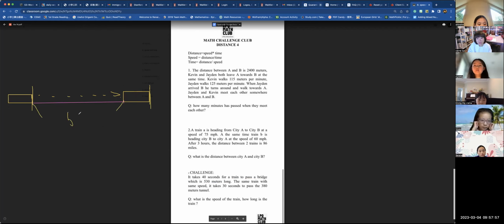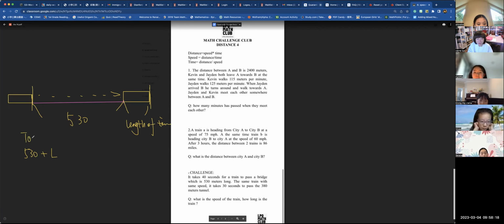So could you please tell me, this is 530, and this is what? The length of the train. Okay, so everybody, the total distance during these 40 seconds that this train travels is 530 plus the length of the train. Get it, everybody? That is very important.